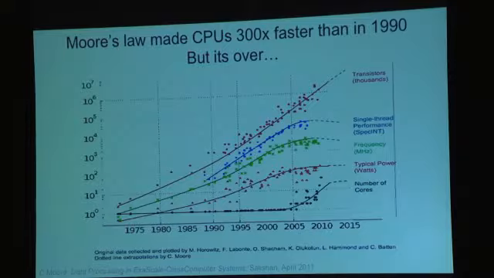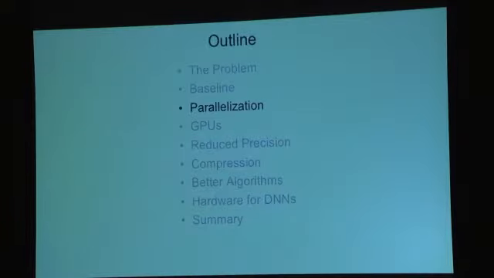So without Moore's Law, how are we going to continue to scale the performance we need to build even better deep neural networks? As we get larger data sets, we're going to want to build networks with more capacity to be able to train with those data sets and to get even better accuracy and to tackle more challenging problems. So I'm going to go through, for the rest of this talk, a bunch of ways of doing that.